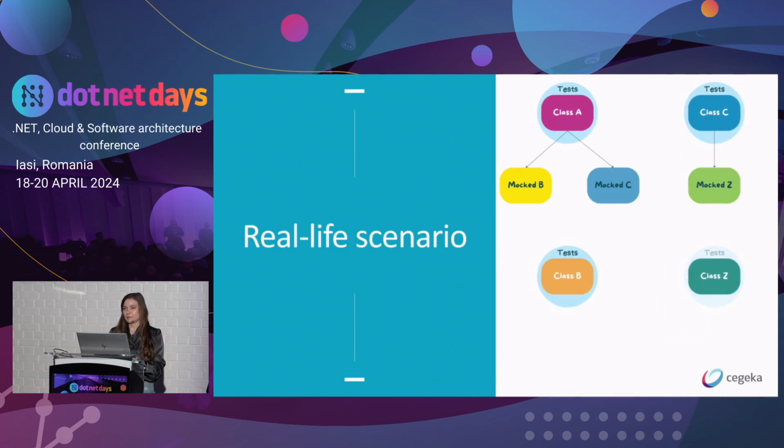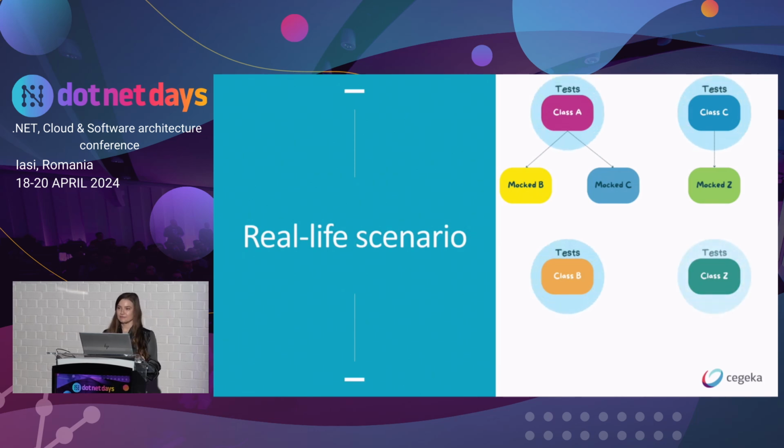But by doing so, we end up having a one-to-one relationship between class and test class. We end up with a ratio of approximately 3-to-1 tests to code. That's a lot of tests. And that's a lot of code.